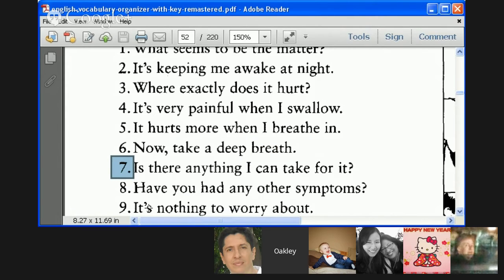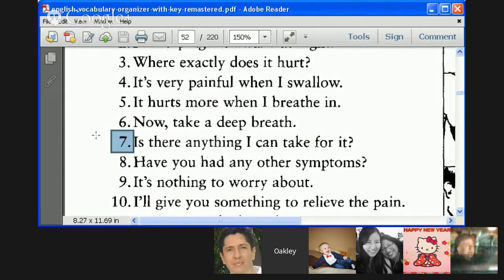Okay, Gemma, number 7. Is there anything I can take for it? Who would say this sentence? I think the patient would say this sentence.